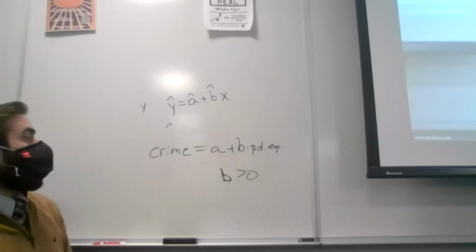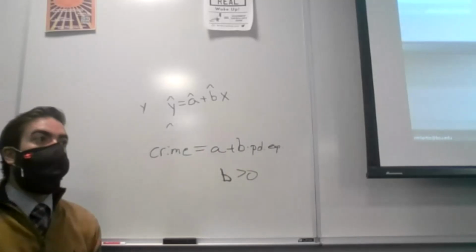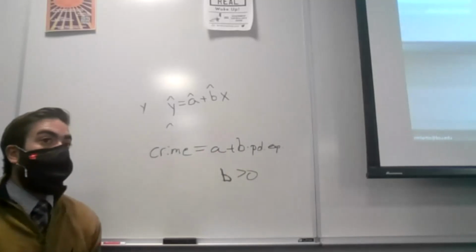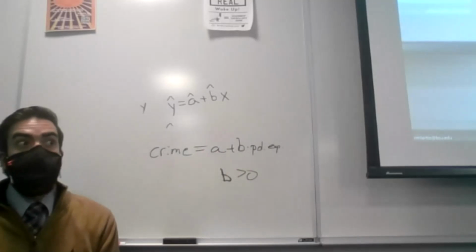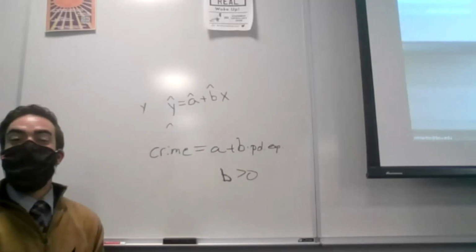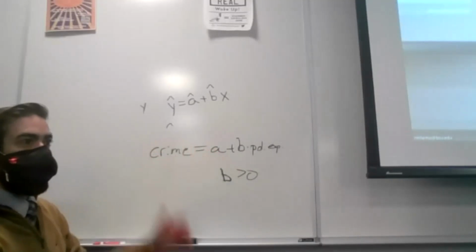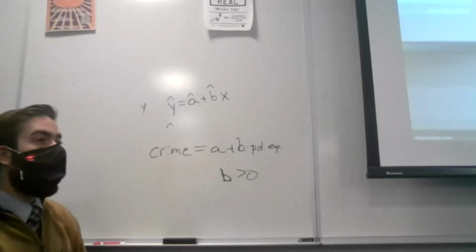So think about in this example, what areas are more likely to be spending more money on their police force? Areas that already have higher crime, right? So this isn't necessarily telling us anything about the causal relationship.